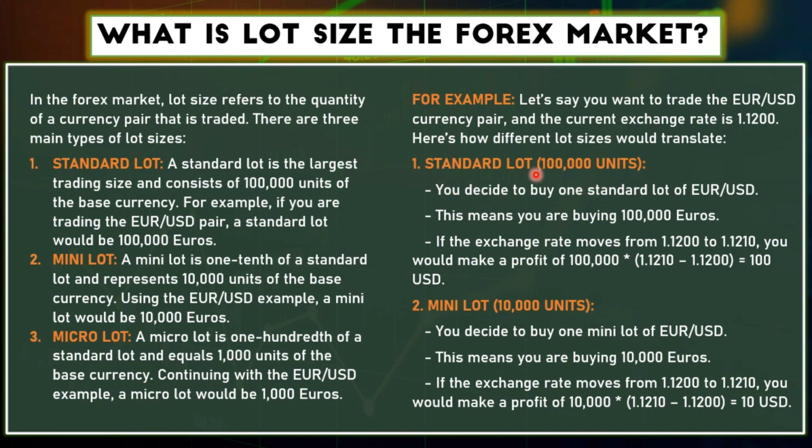For a standard lot, which is 100,000 units, you decide to buy one standard lot of euro to USD. This means you are buying 100,000 euros.